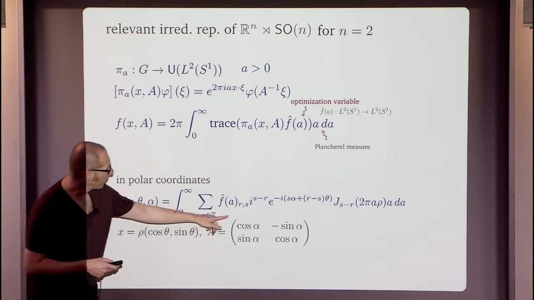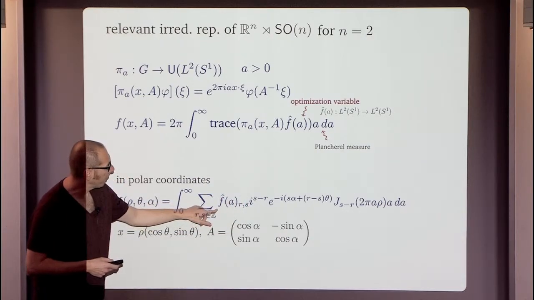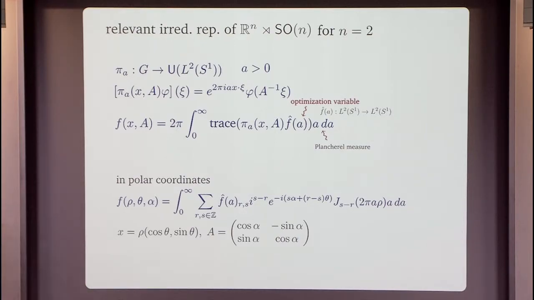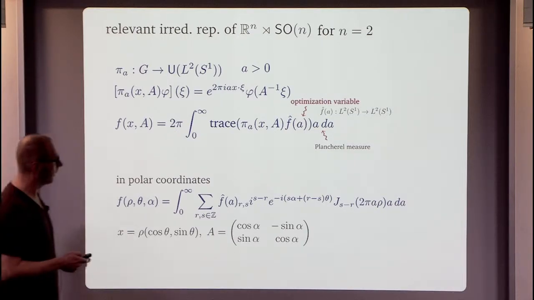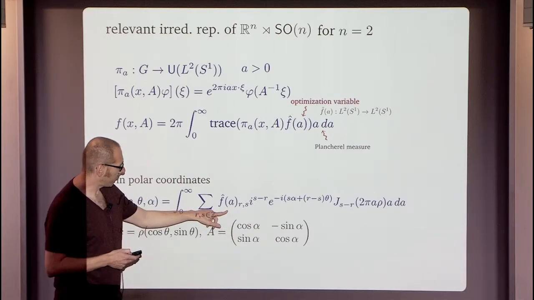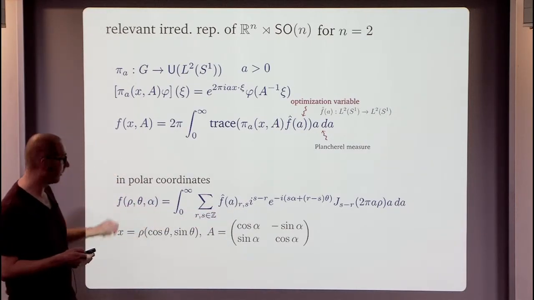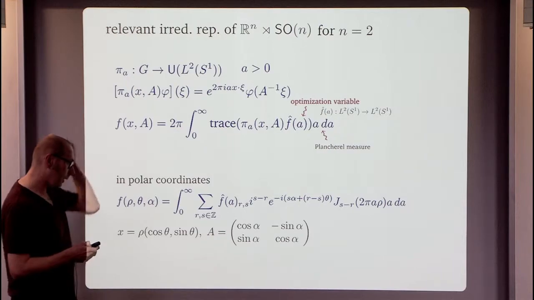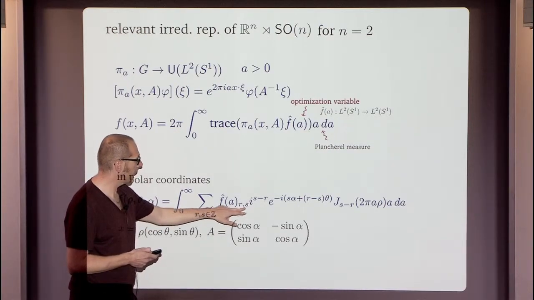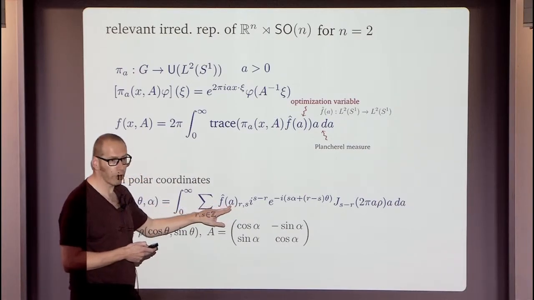And then we have to optimize over these infinite matrices f hat of A indexed by r, s. Good. So that's the task. We want to optimize over f hat A r s, and we want to make it in such a way that we have a positive type function. So we want to make sure that infinite matrices indexed by r and s are positive semidefinite for all A.